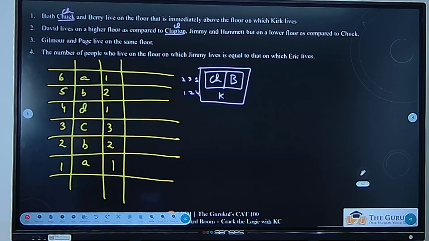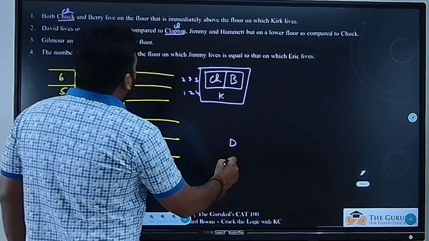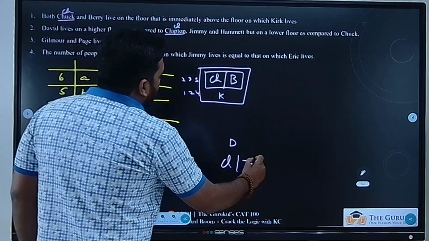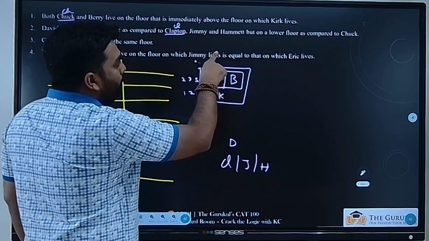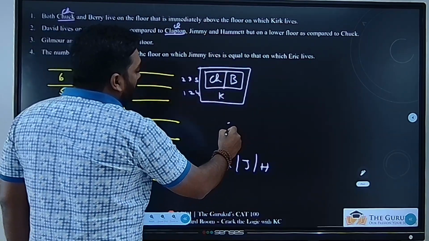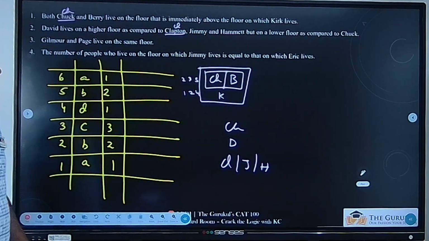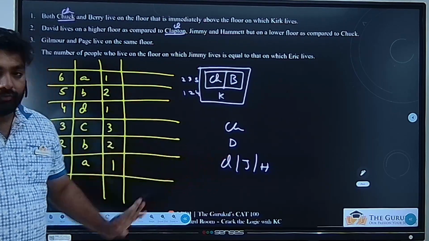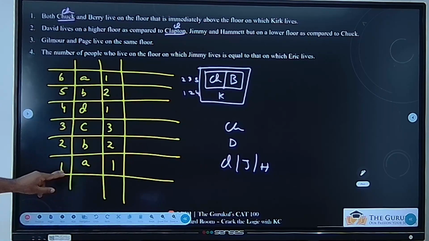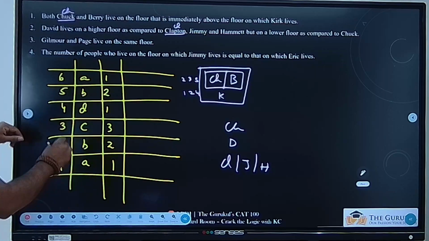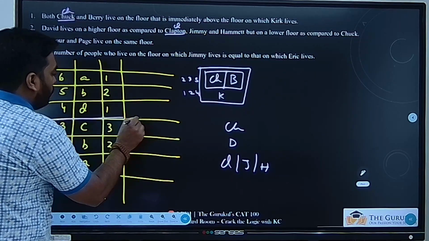D lives on a higher floor compared to, so below D, there should be C, L, J and H, but on a lower floor compared to CH. So below CH, there should be 4 people, which means CH should definitely be above this third floor only.